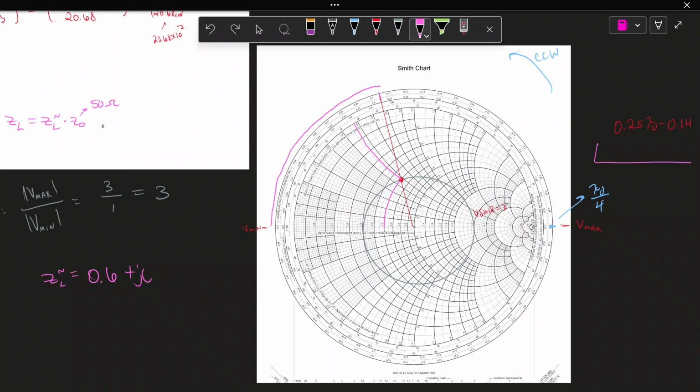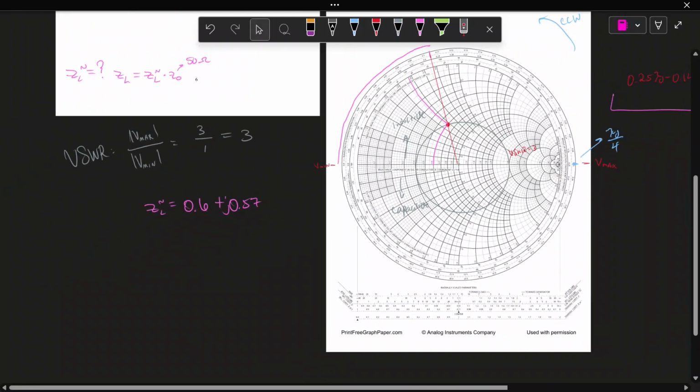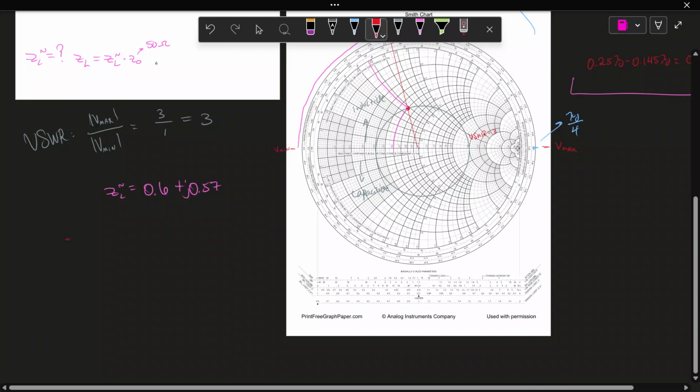So now you have 0.6 plus 0.57. We said 0.57. And remember, up here in the positive quadrant is inductive, so we have positive reactance. Down here is negative, it's capacitive, so we have a negative reactance. Now we want to find the load impedance. Remember how we did that?